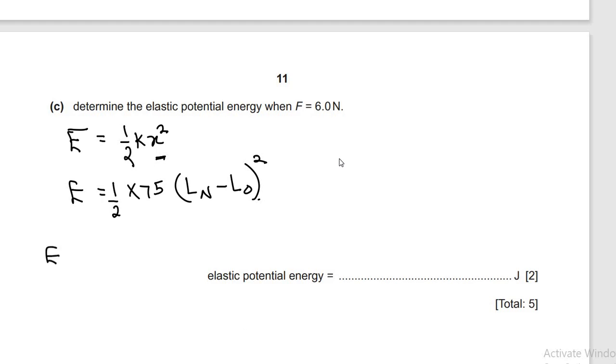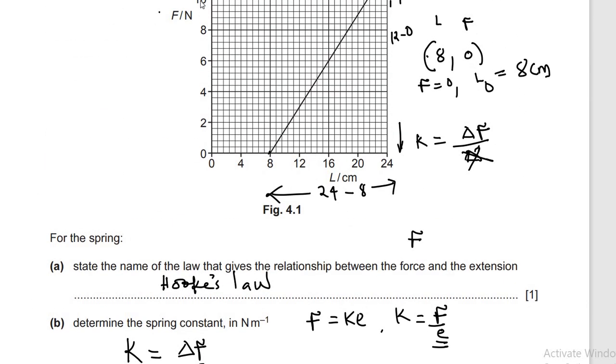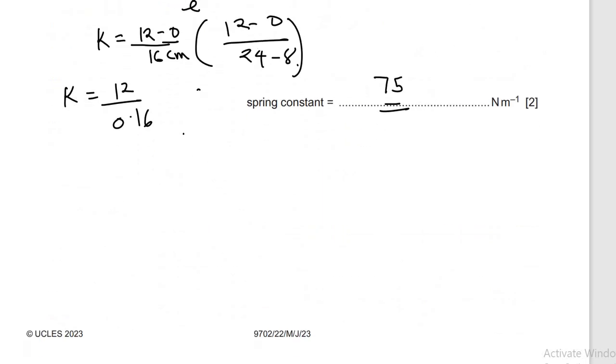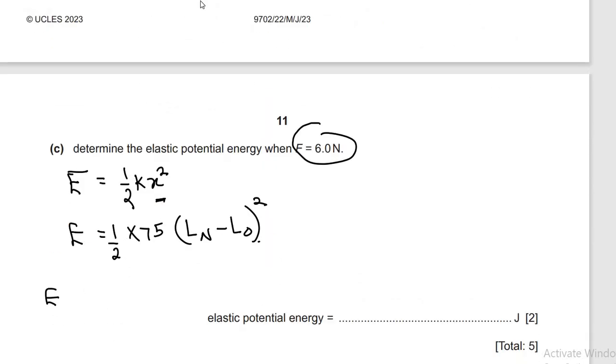So elastic potential energy when the force is 6 Newton. Let's go back to the graph. When the force is 6 Newton, what's the length? When the force is 6 Newton, the length is 16. So the new length is 16. The original length is 8, like I said earlier.